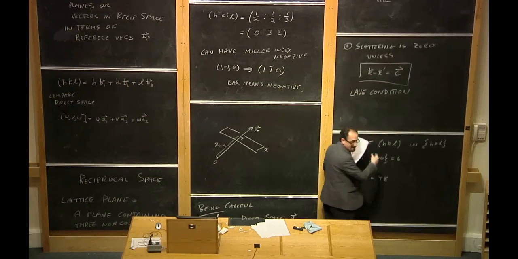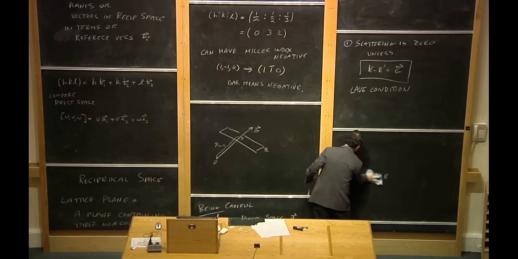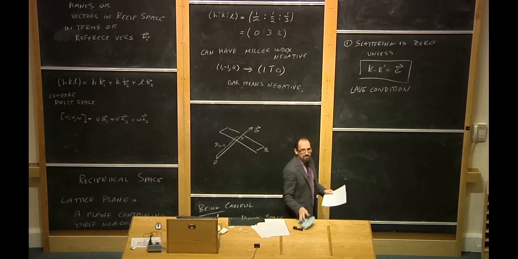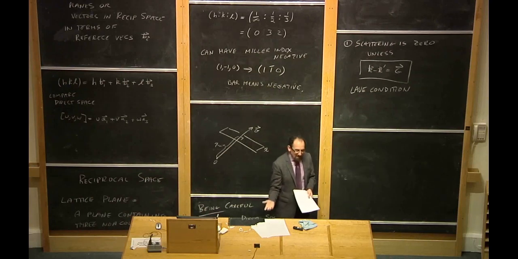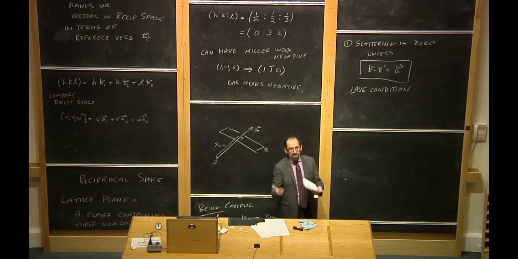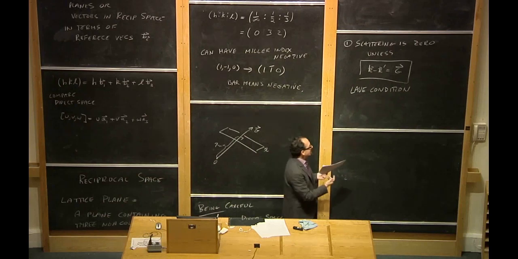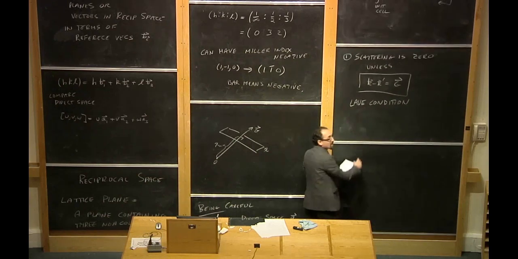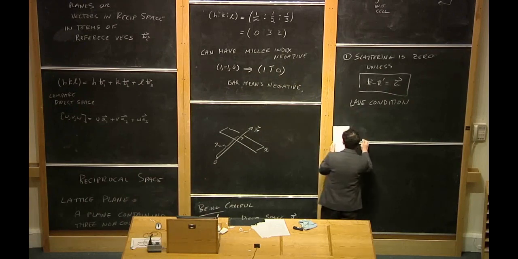His Nobel Prize was exactly 100 years ago now. There's a complication about whether it should be called the Laue condition or the von Laue condition, because he was born Max Laue, but his father was elevated to nobility much later, and he took the name von Laue. When he discovered this his name was still Laue, so it's usually called the Laue condition, but other people will disagree.